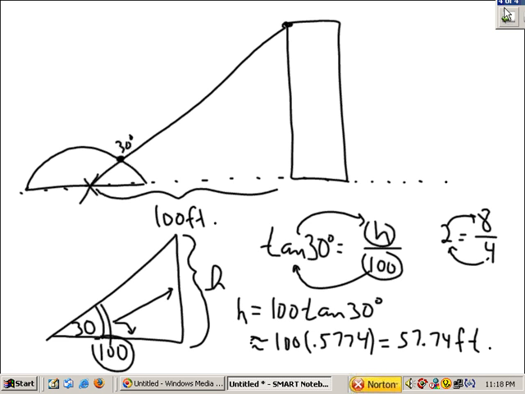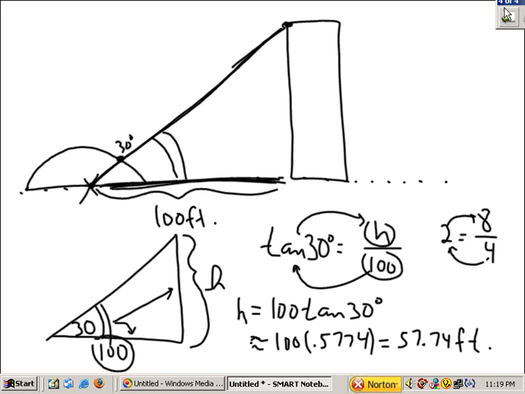So now we know the height of the building. It's about 57 feet, and we never basically left the ground. Somebody was nice enough to tell us this distance; we didn't have to measure it. All we had to do was take our protractor and figure out this angle right here, which we found to be 30 degrees.